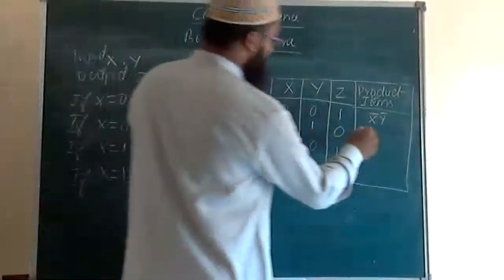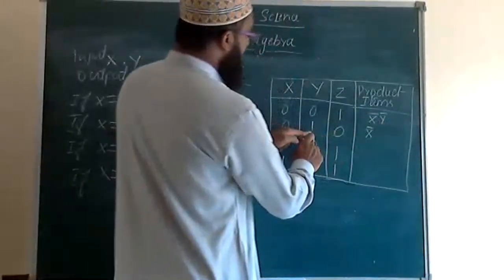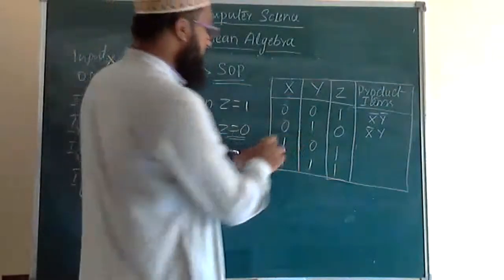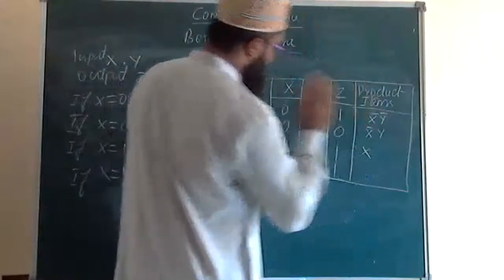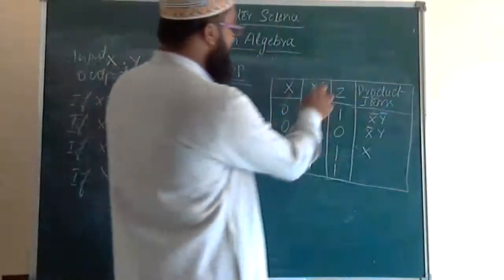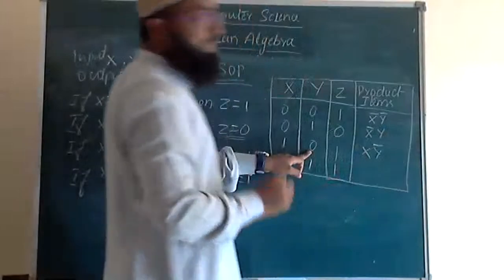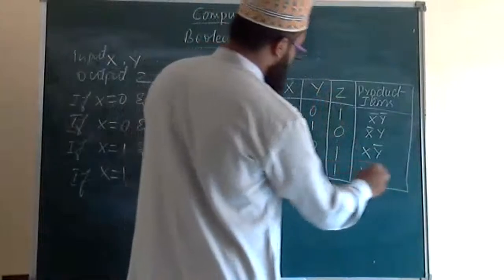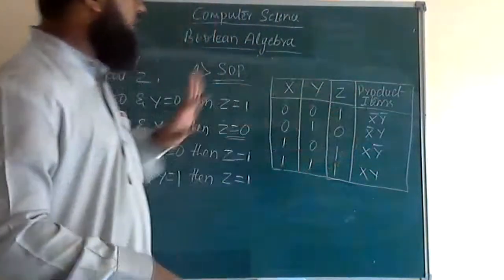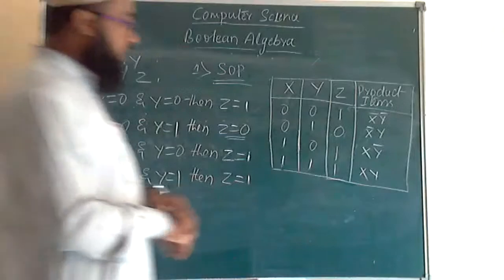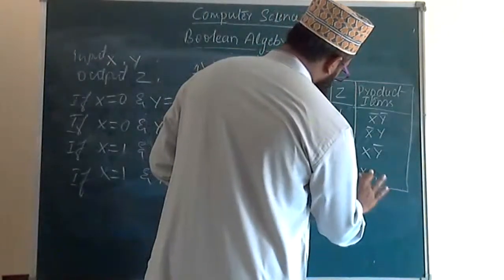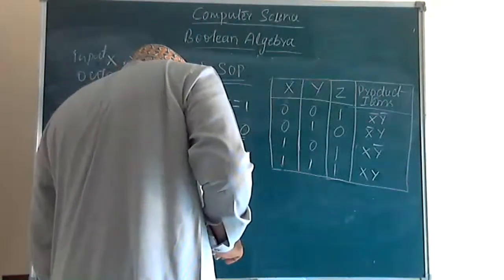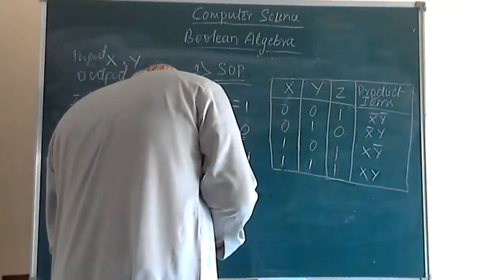Then x value 0, we put a bar; y is 1, no need to put any bar, write it as it is. Then x is 1, no bar, write as it is; y is 0, so put a bar here. Then x is 1, write as it is; y is 1, write as it is. We have got the product items. Now, how will you write the SOP form for this expression?